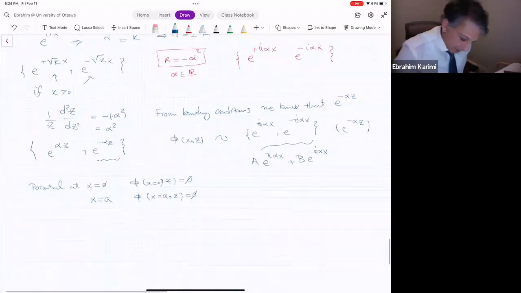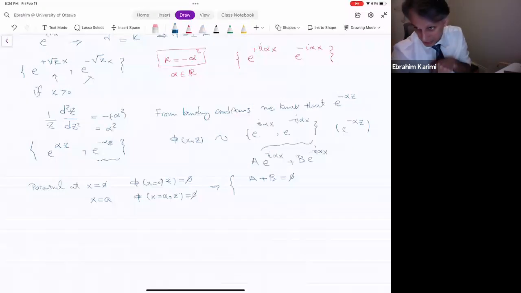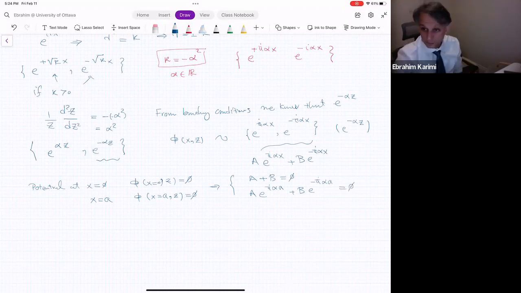So from these two relations, what I will find is that a plus b should be equal to 0 because I set x to be 0. And from the second relation, I will get a e power of i alpha a plus b e power of minus i alpha a equal to 0. So the first relation will tell me that a is equal to minus b.